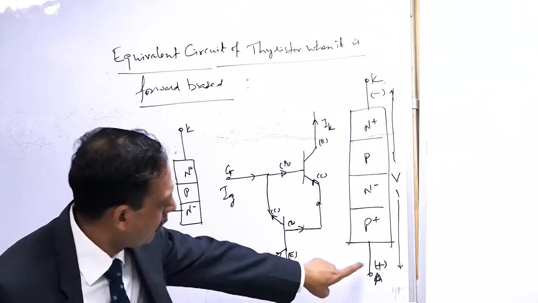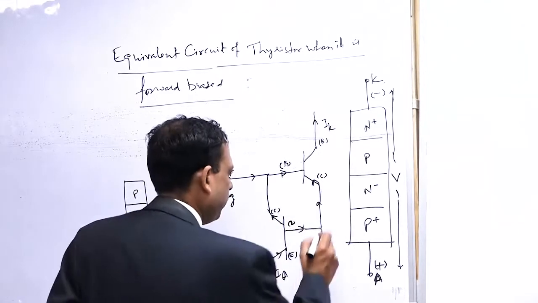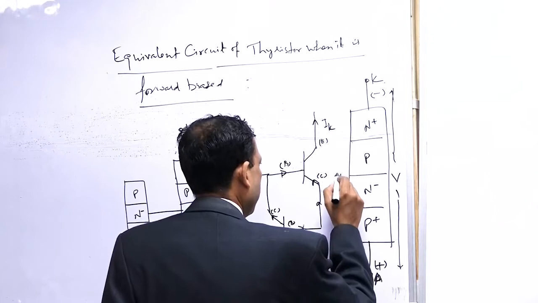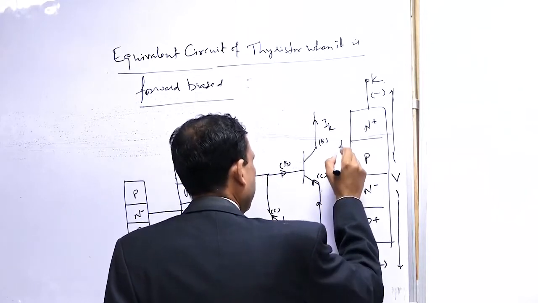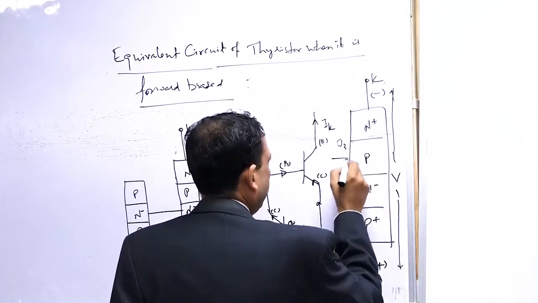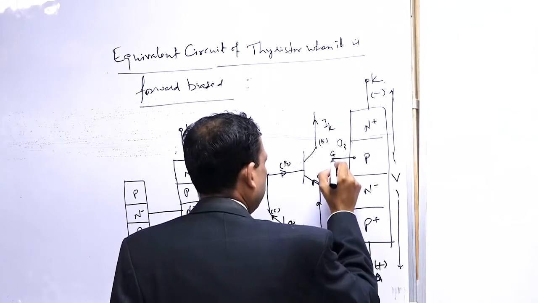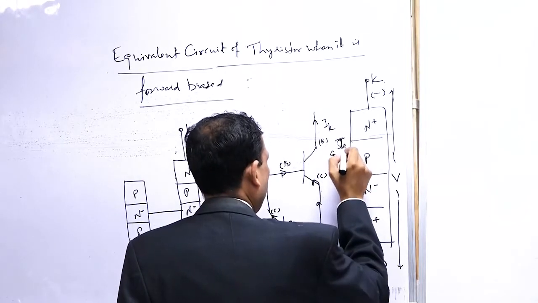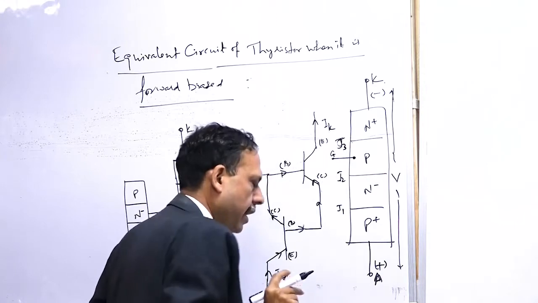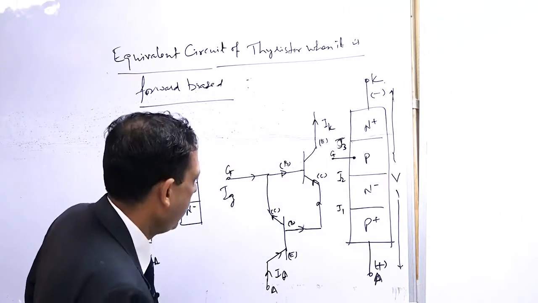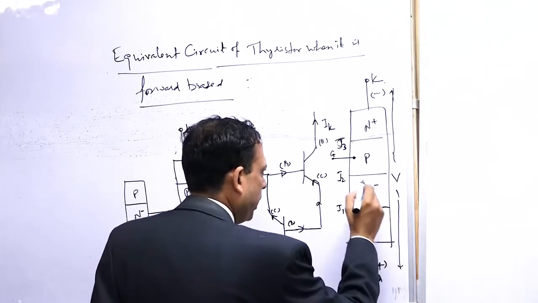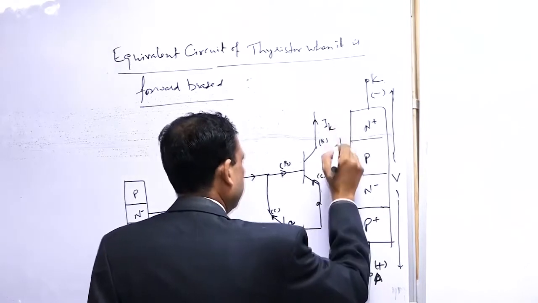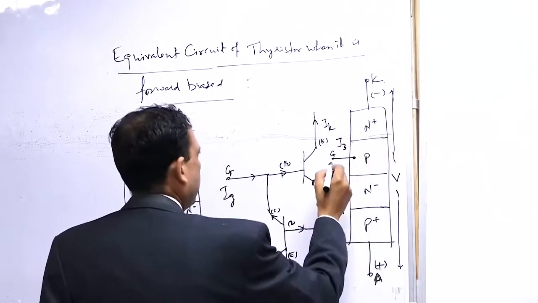You know that this is J1, this is J2 and this is J3, and the gate terminal is here in the P, as rightly told by Mr. Sunil Gupta ji.